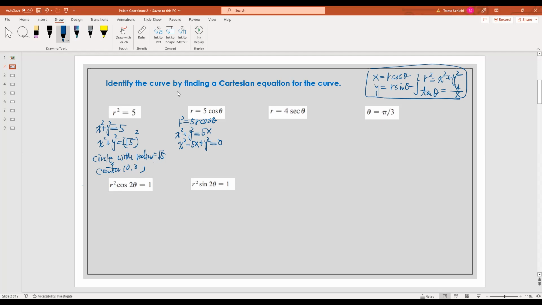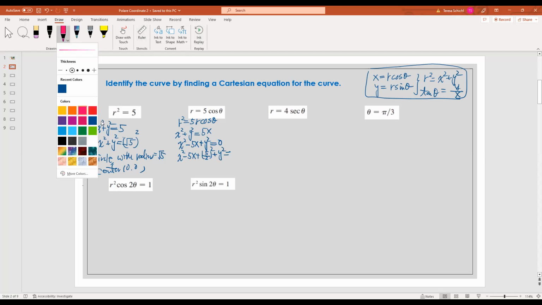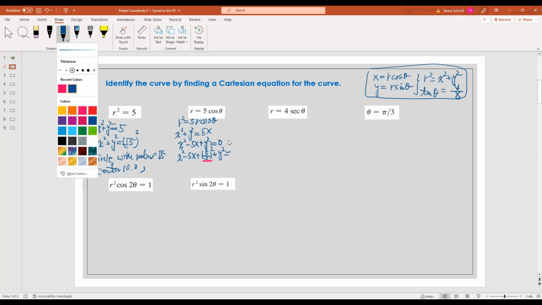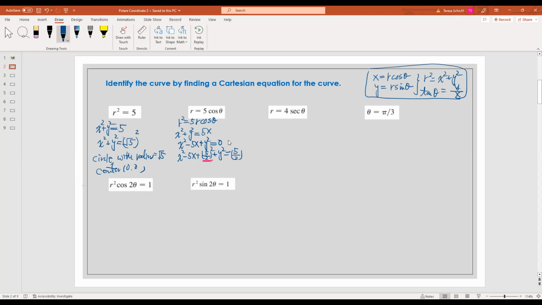Then I complete the square. I have x squared minus 5x plus (5 over 2) squared plus y squared, because here you add the (5 over 2) squared. After completing the square, what I have is (x minus 5 over 2) squared plus y squared equal to 25 over 4.